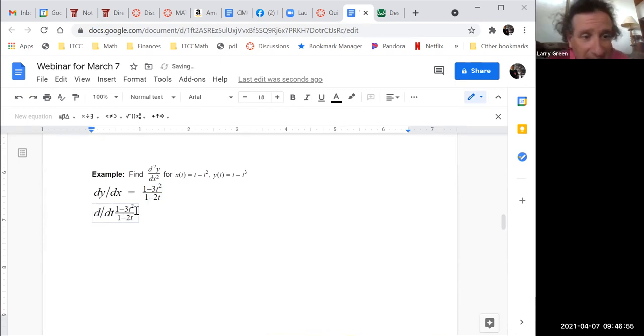So you want d over dt of (1 minus 3t squared) over (1 minus 2t). What calculus rule do we need to use? The hint is I just talked about it. The quotient rule.